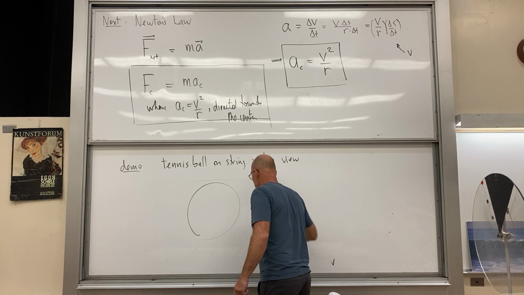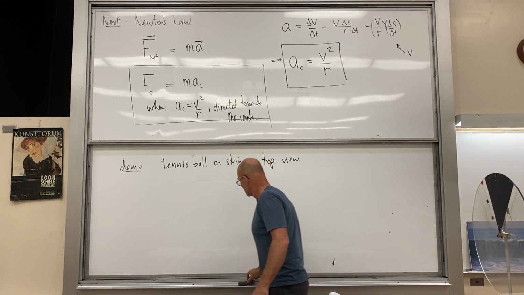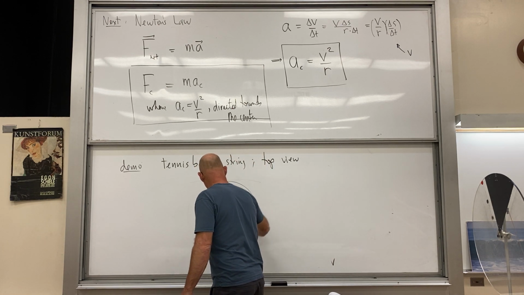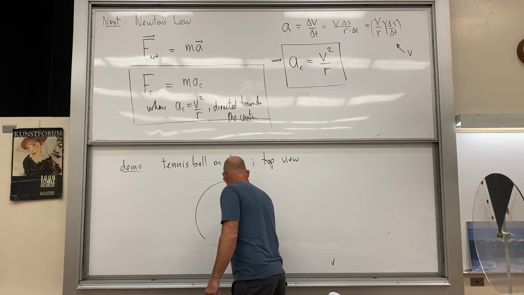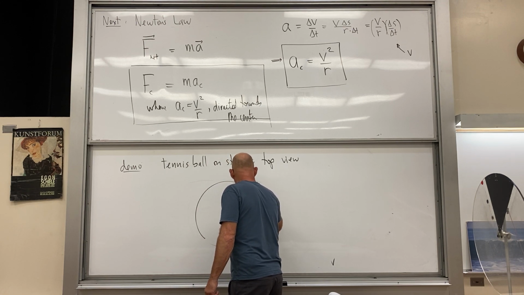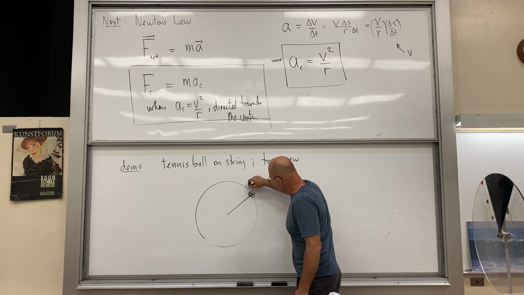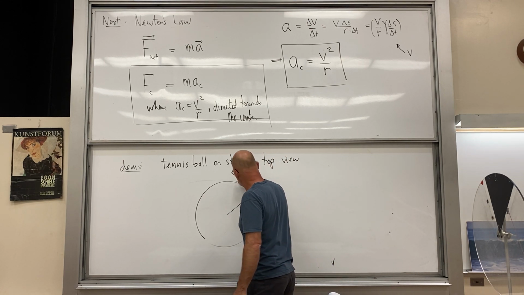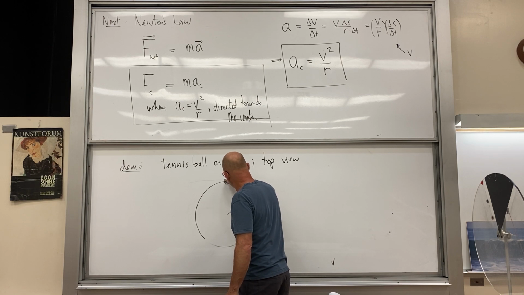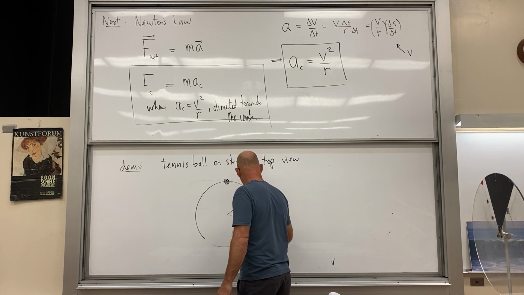Let's do a better circle. Okay, we can get a slightly better circle here. So here's the string. The hand is holding the string. There's the tennis ball right here. And then the tennis ball. Here I'll do 3 points, A, B, and C, okay?